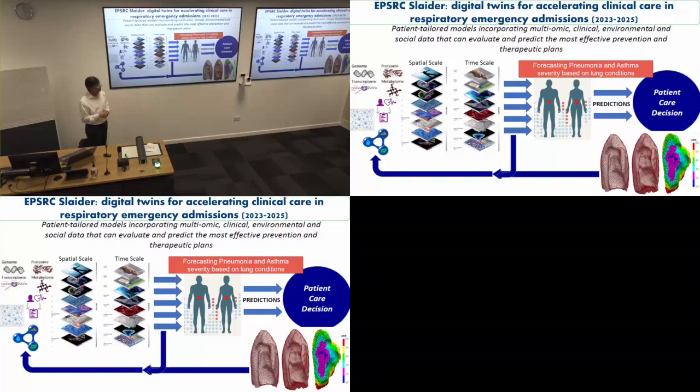We are still trying to come up with a particular approach. We have identified what type of physics models are needed and how the lung behaves. We also have access to thousands of scans and to biomedical data, so we are bringing that together. We don't have a demonstrator yet.